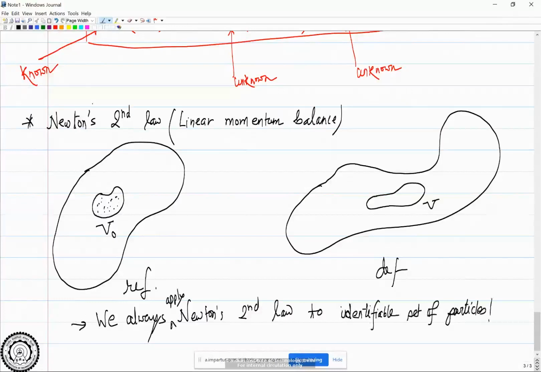What does this mean again? It means that you must focus on the same set of particles all the time, and you have to see what is the rate of change of linear momentum of those set of particles. So your particles must not change. The particles should not come out or a new particle should not get in. If that happens, then you can't apply Newton's second law in the original form.